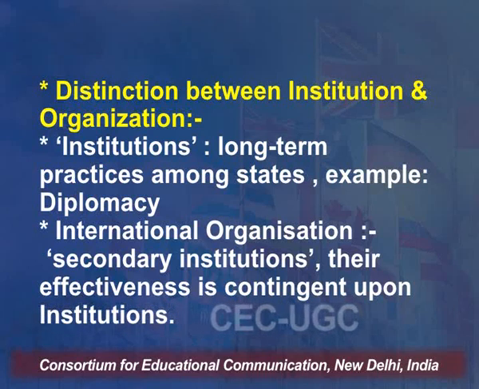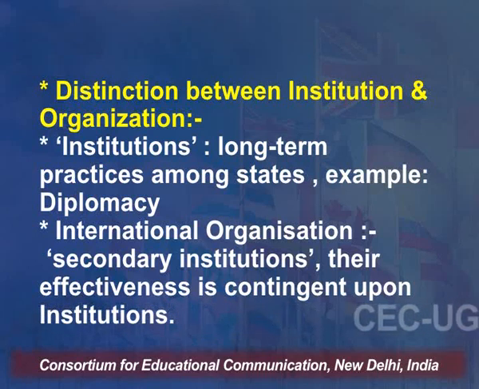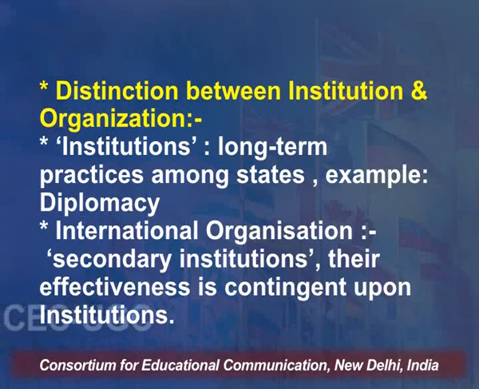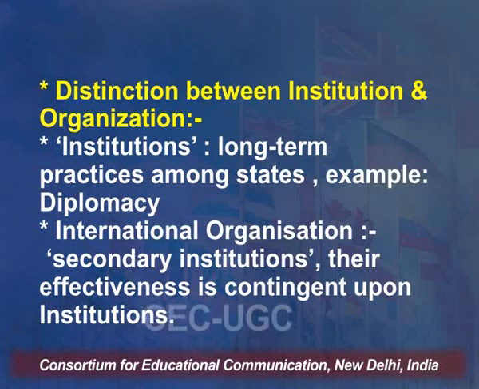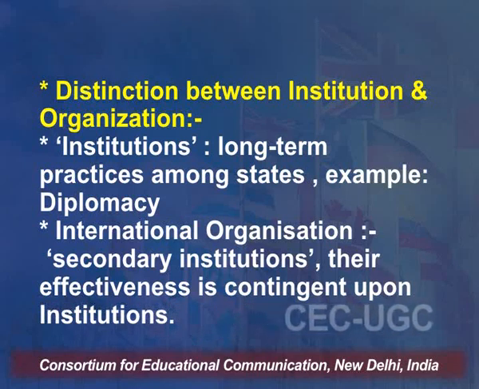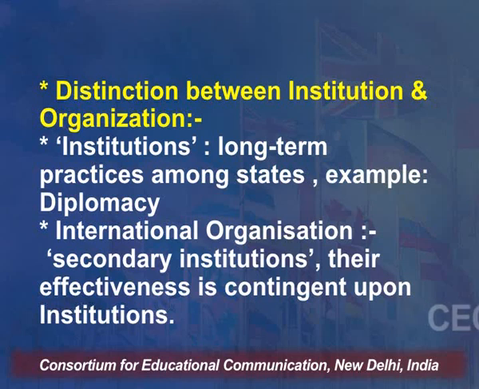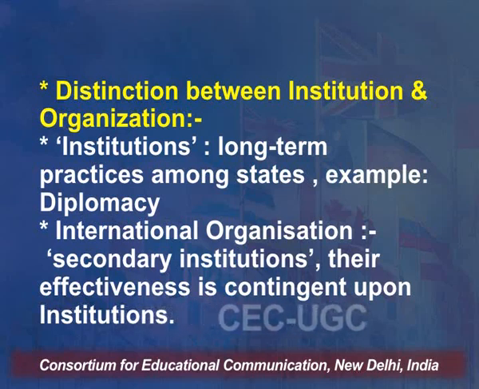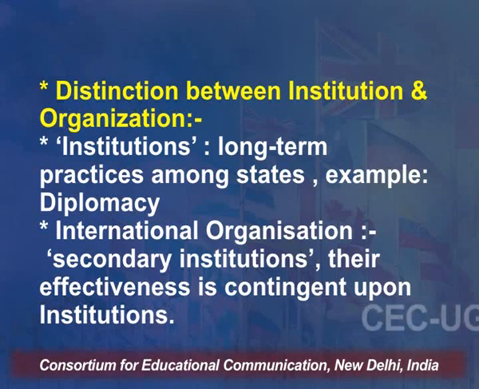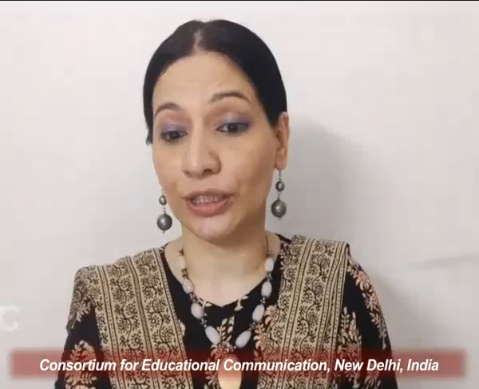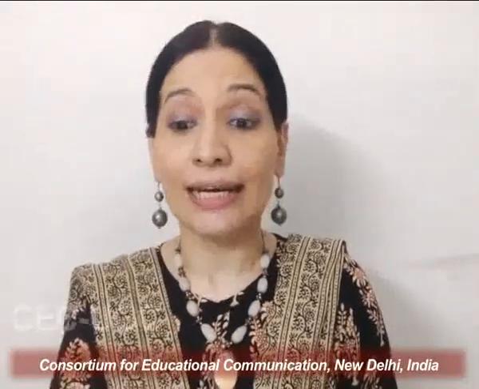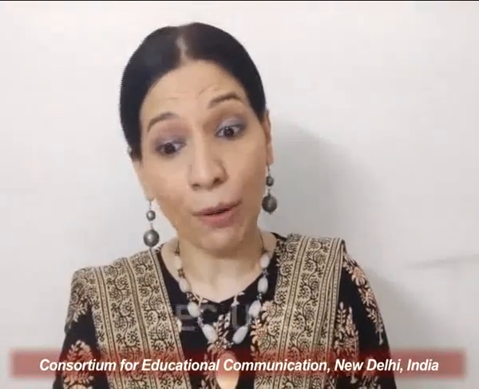An example here could be diplomacy, law and order, etc. On the contrary, international organizations are secondary institutions. Their effectiveness is contingent upon institutions. Now, this distinction is indeed very important.